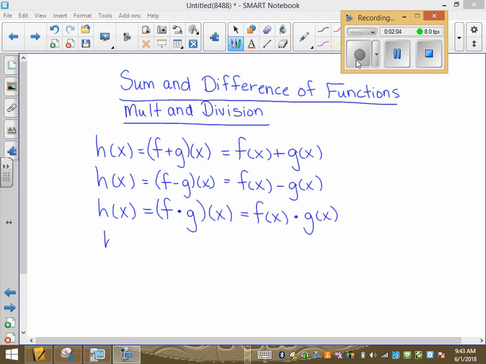And then h of x equals f over g of x like this. That's the same as f of x divided by g of x. So we'll just do equations today and graphs on Monday. So if they're written in that middle form, always change them to the last form because it makes more sense.